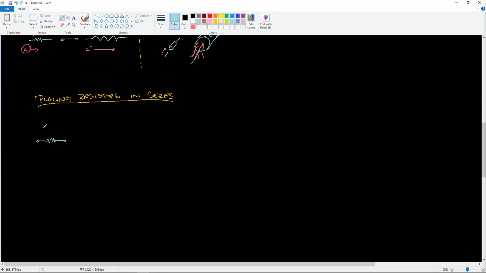This is what we originally had, some resistance R. What if instead I place R, and then another resistance R, and then another resistance R? Visually, it looks like I just increased the length of this circuit, right? So from here to here, this has to be a longer length than this, right?